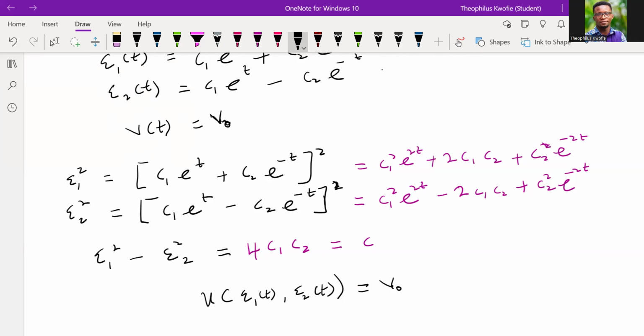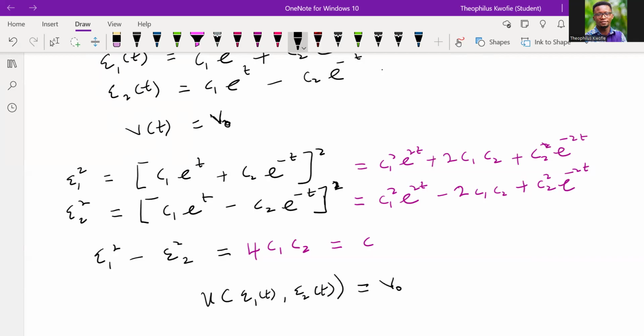So this may give us the idea to look for solutions u that are only functions of x1 squared minus x2 squared. You remember your xi1 is the same as your x1, and your xi2 is the same as your x2. Is that okay? Very good.